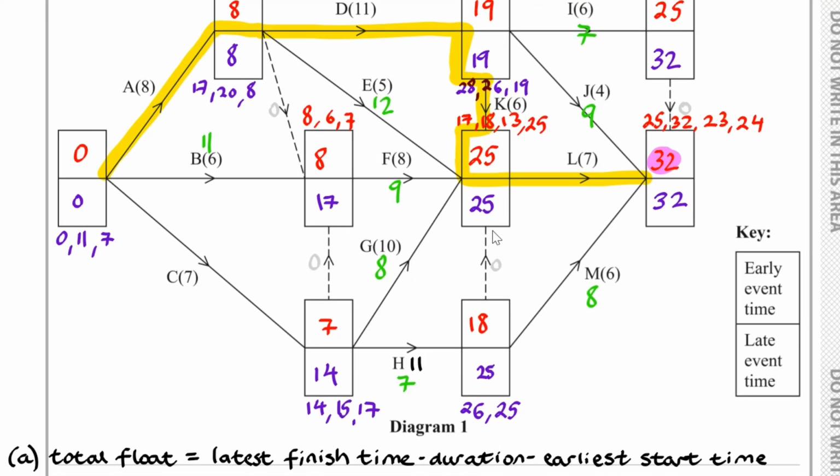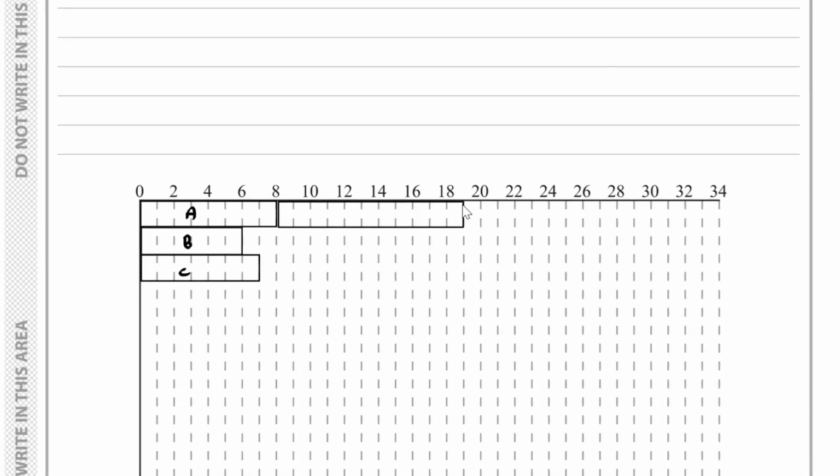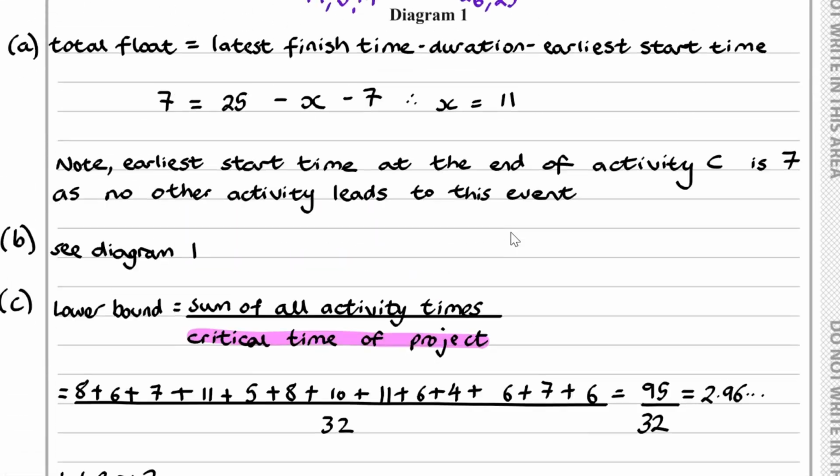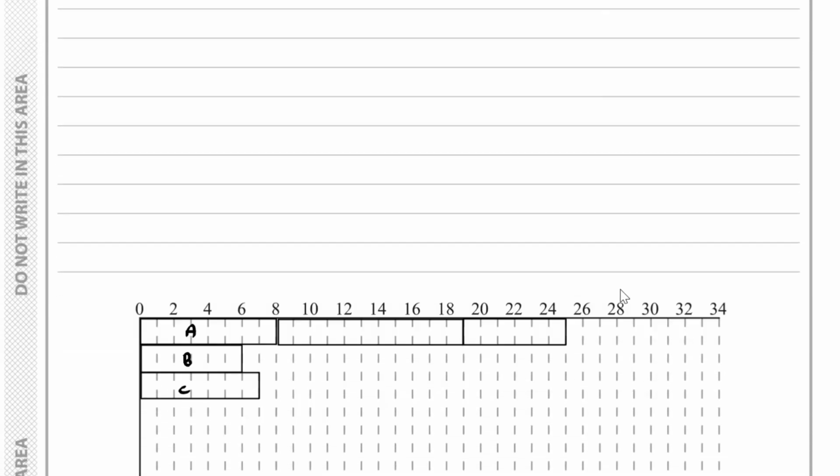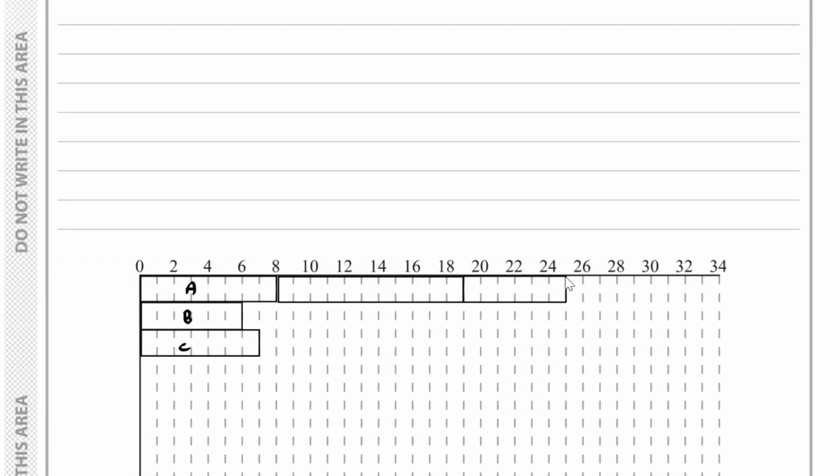So 19 plus 6, that would be 25. So 25, that takes us up to here, and then we've got 25 plus 7, that takes us up to the 32. So that takes us up to here. Okay, so we've got A, D, K, and L. Those are our critical activities.